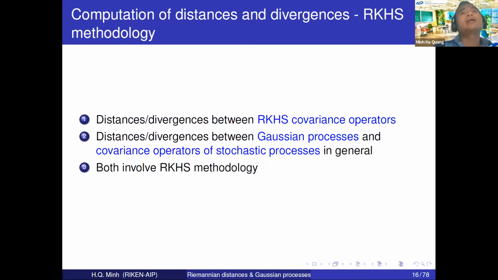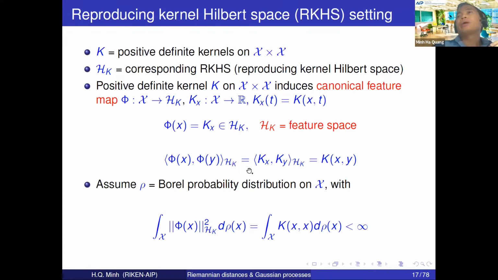And the second one, which I will talk about later on, is the distances and divergences between Gaussian processes and covariance operators of stochastic processes. And they both involve RKHS methodology. I will be quick on this one because this is work I did some years ago. So now, let's talk about the first setting, with RKHS covariance operators.